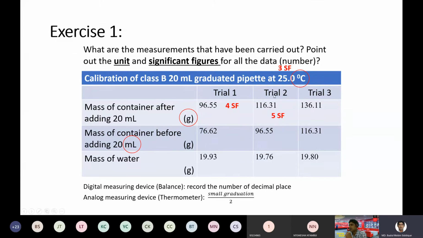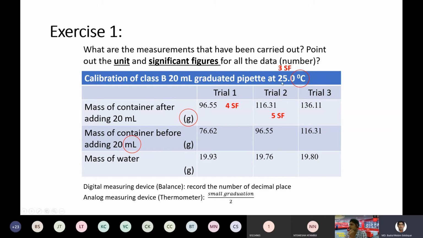For the different units, there are different ways of expressing the values that we get. The first one is 96.55, the second one is 106.31, and the third one is 136.11. So the number of significant figures is different.